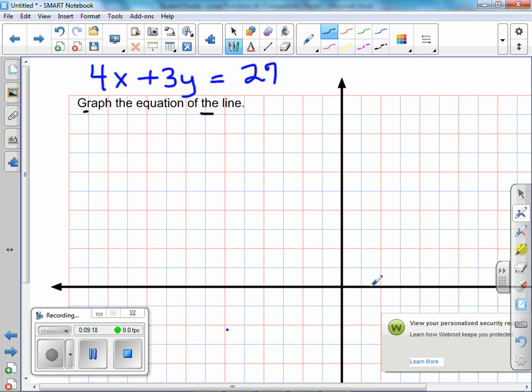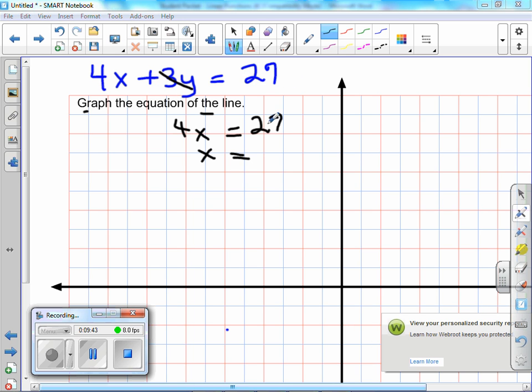How can we determine where to graph it on the x-axis? We have to make y 0. So if I mark through this, that makes y 0. We can see that 4x equals 27. And so our x is going to be equal to what?